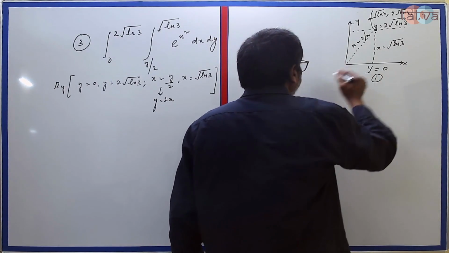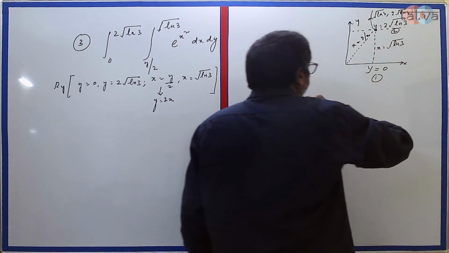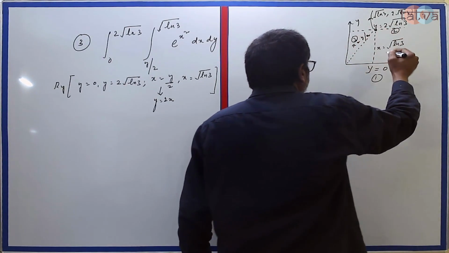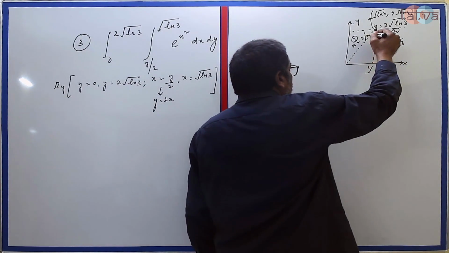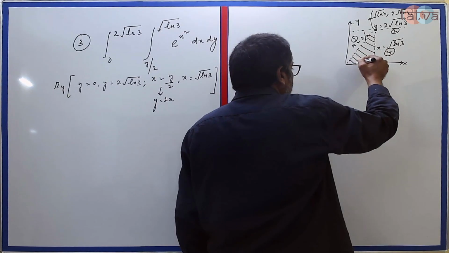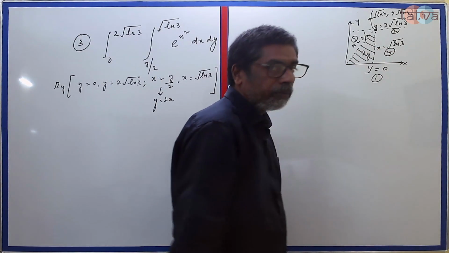That is where we started from. y is equal to twice square root of log 3, number 2. x is equal to y by 2 is number 3. x is equal to square root of log 3 is number 4. So obviously this is the region of integration, which is originally Ry.